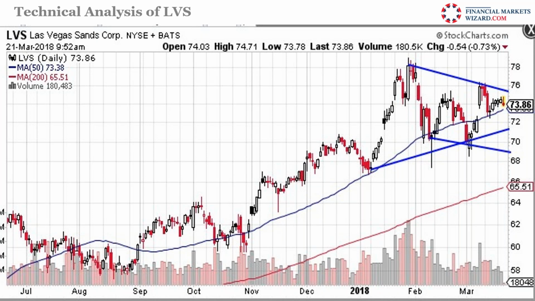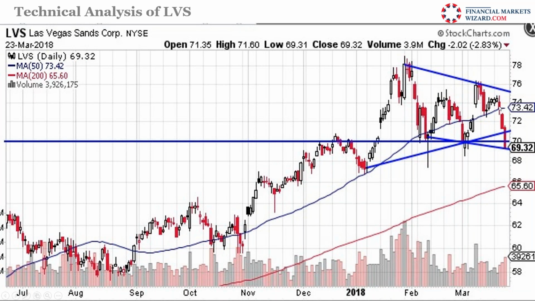It could be temporary, but if the other stocks are also giving you the same, then something is wrong with that sector. So I flipped to Wynn, and Wynn was also showing a downward move. So I said, okay, which one to take? So I went for LVS. We bought puts, and this is what happened. You see the gap down, then gap down below the 50-day, and boom, dropped.